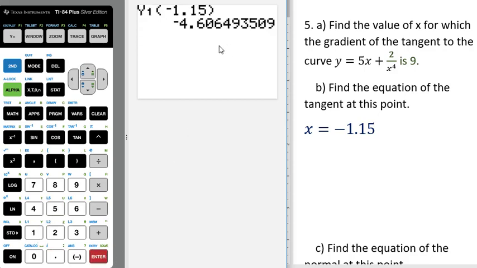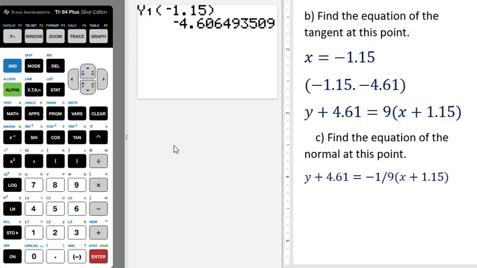Then you will get this y1, -4.61. So in this way, we already figure out x1, y1. Then we use the point slope formula for a linear function. We get y plus 4.61 equals 9 times x plus 1.15.